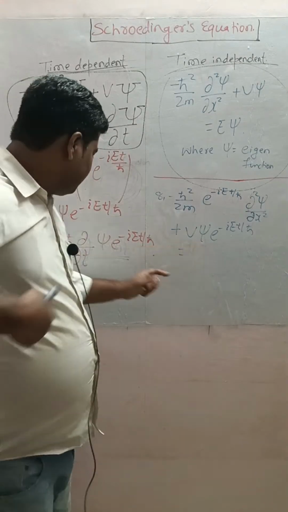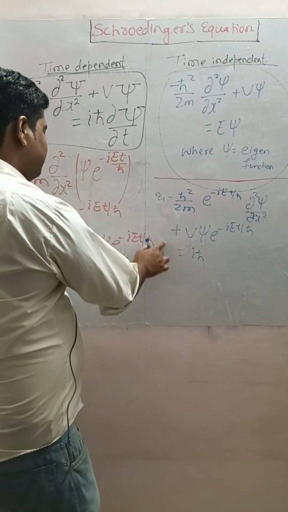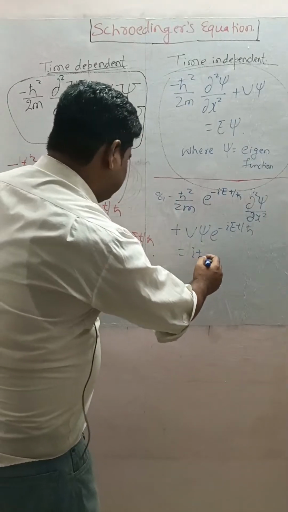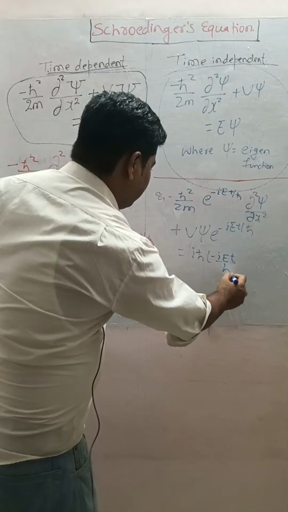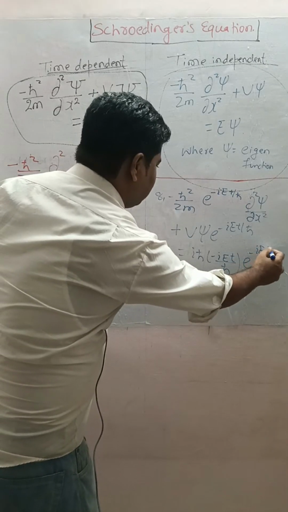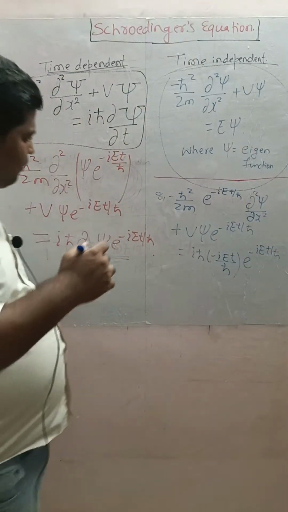It comes out, and this goes under differentiation: minus iE t by h cross, e power minus iEt by h cross. That would be the differentiation. Now see what we are getting here.